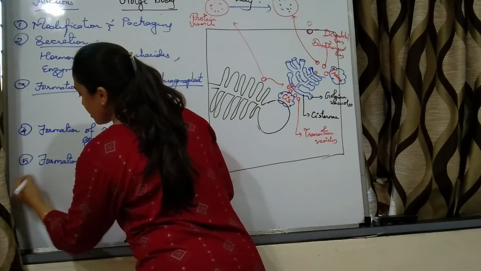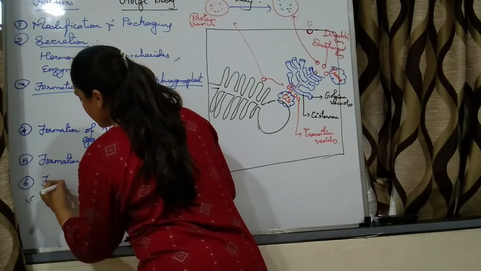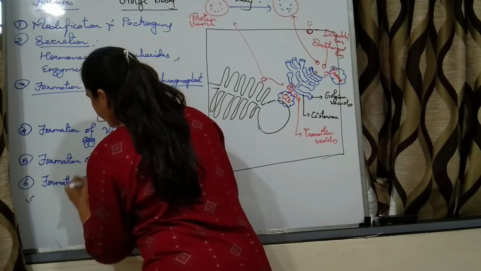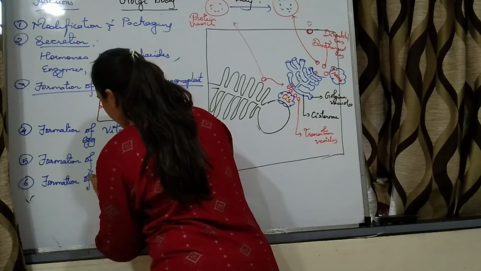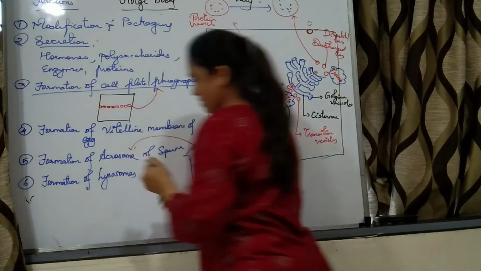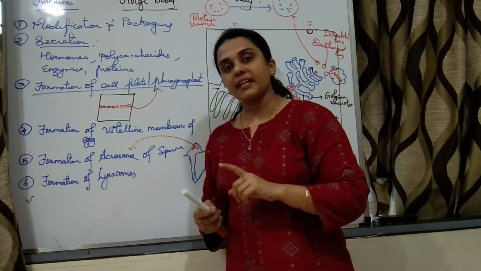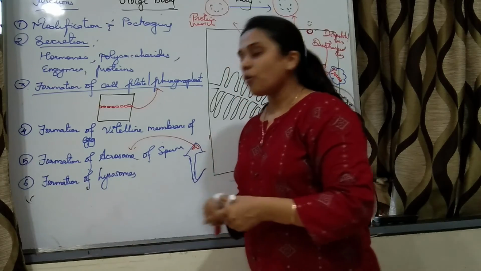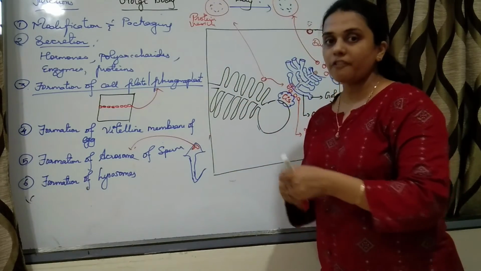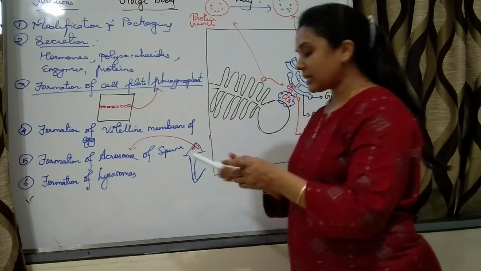Then the sixth function is formation of lysosomes. Endoplasmic reticulum and Golgi body are both involved in the formation of lysosomes.